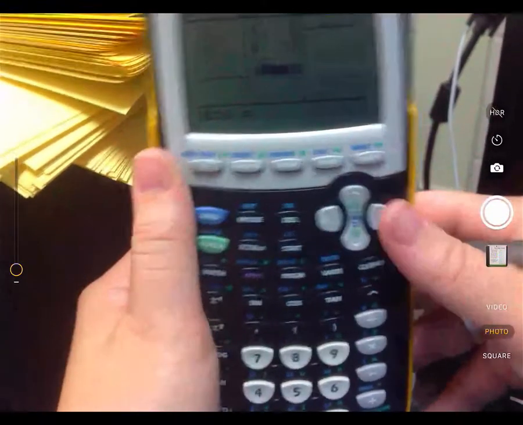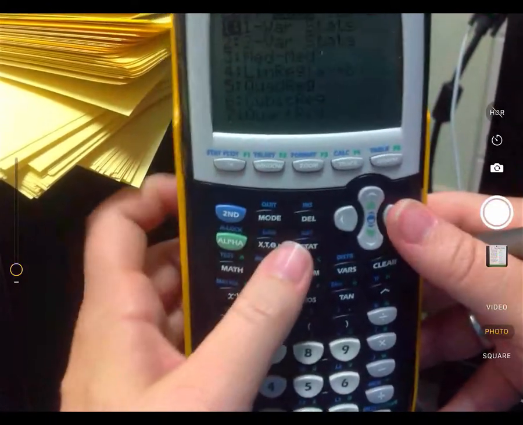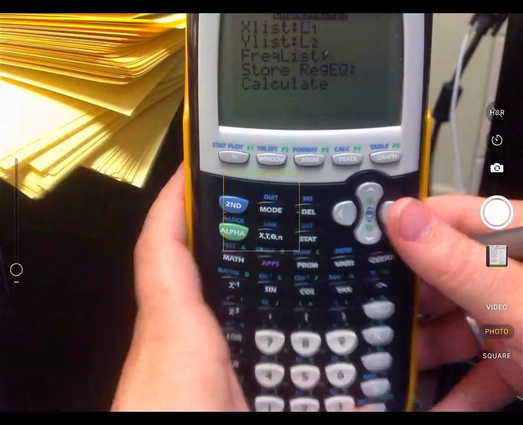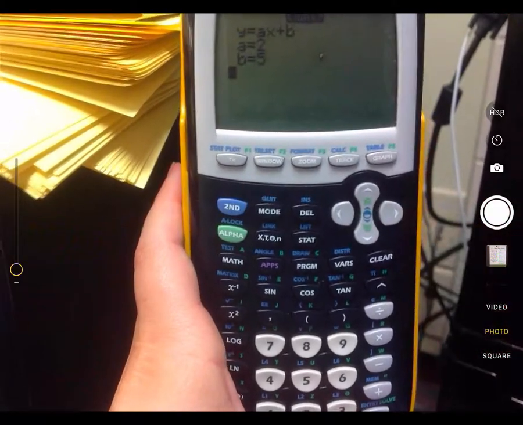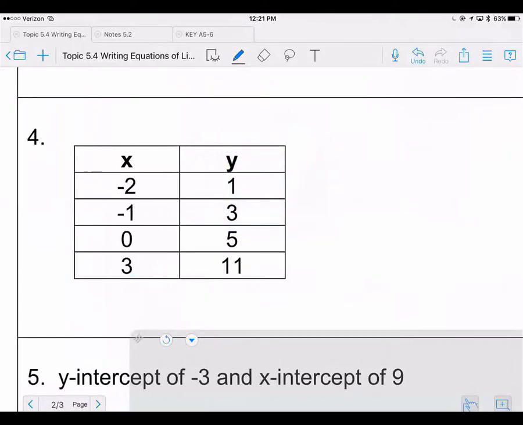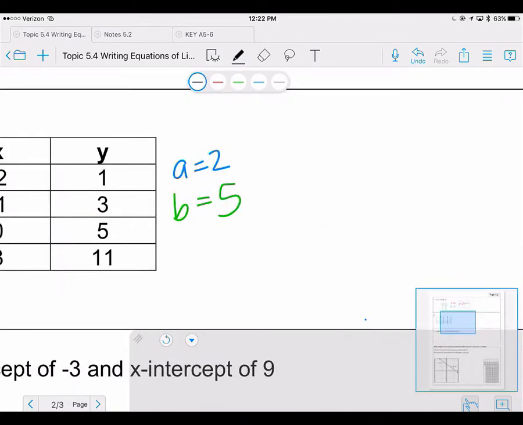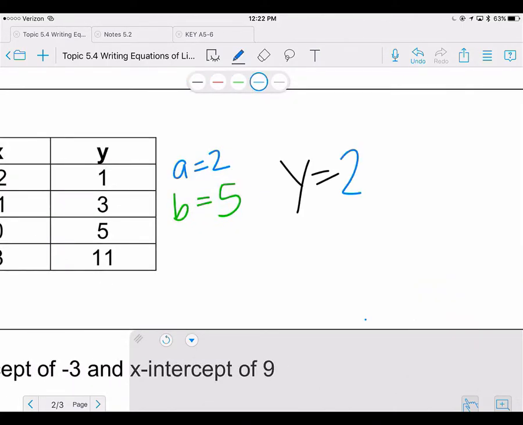From here, we go stat, calc, 4, scroll all the way down to calculate, and we get 2 and 5. So A is 2, B is 5, so y equals 2x plus 5 would be my answer.